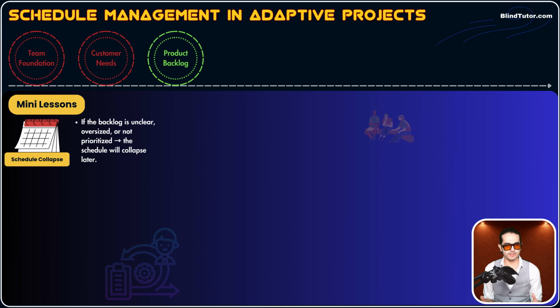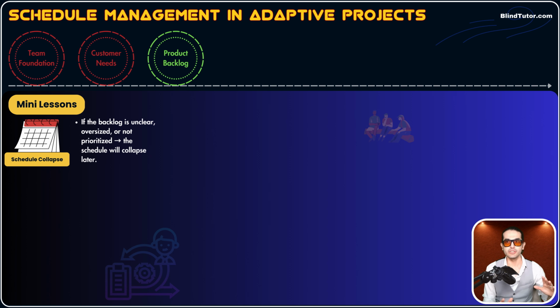We assume these are the numbers. But what if these numbers are wrong? These numbers are wrong when our product backlog is not reliable, when, for example, we didn't break down those features or epics into smaller user stories.